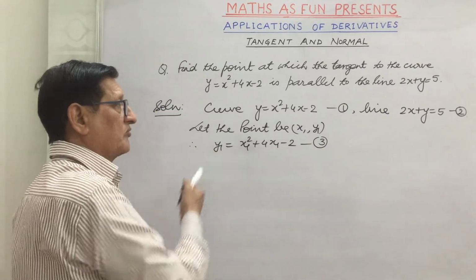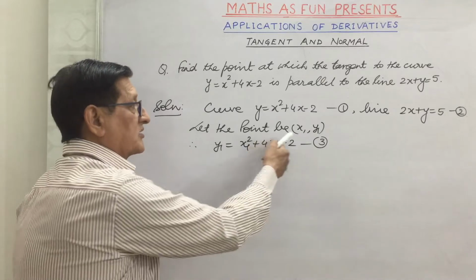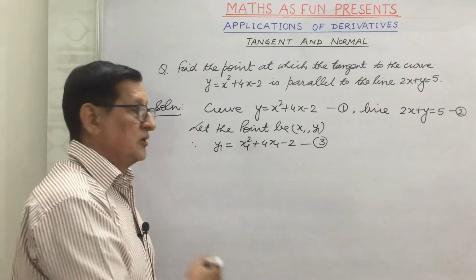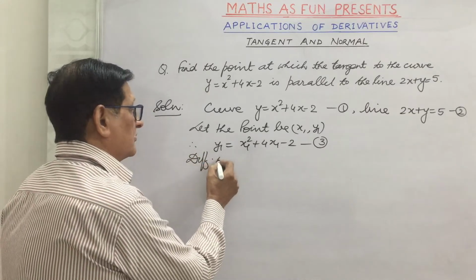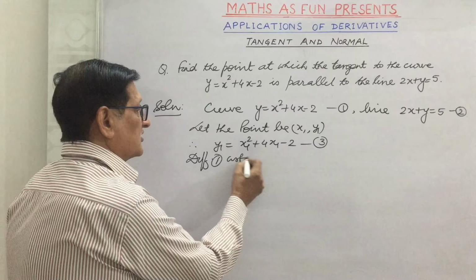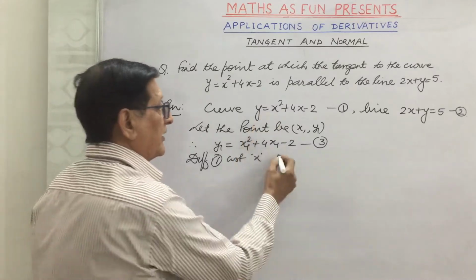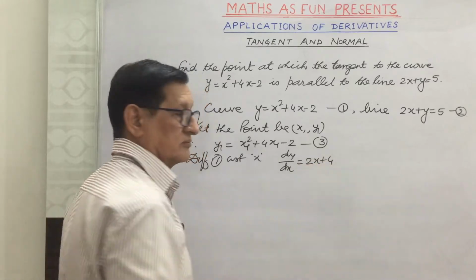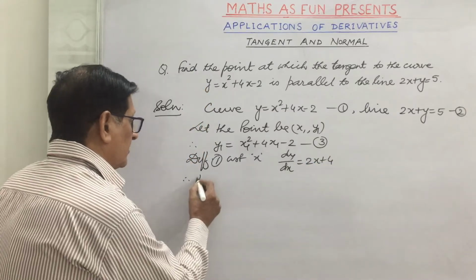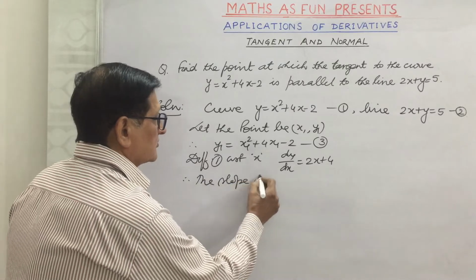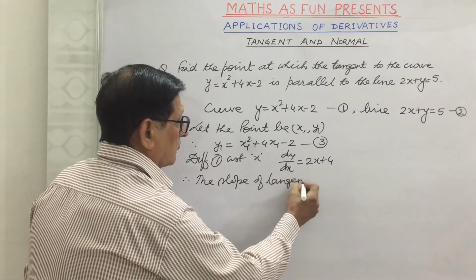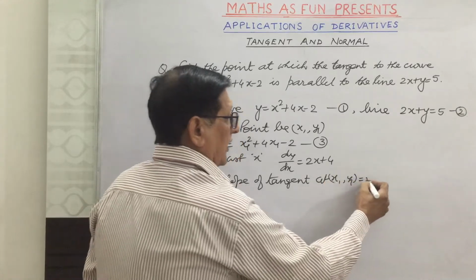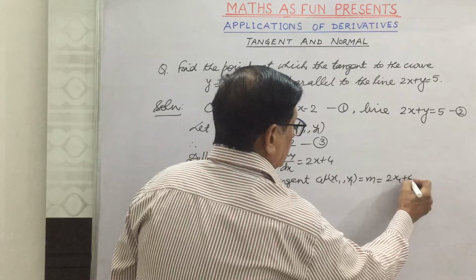Now to find out the slope of the tangent at (x1, y1), we are to find the derivative of this. So we differentiate 1 with respect to x, and we get dy by dx equal to 2x plus 4. Therefore, the slope of tangent at (x1, y1) will be m, that is 2x1 plus 4.